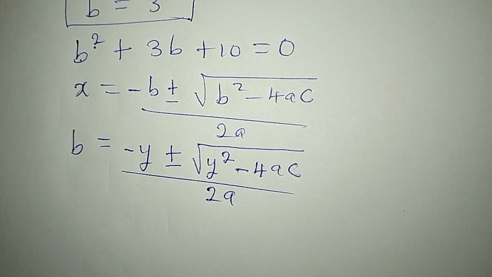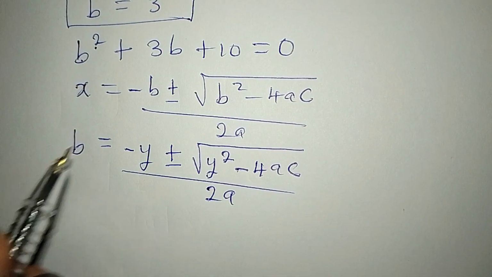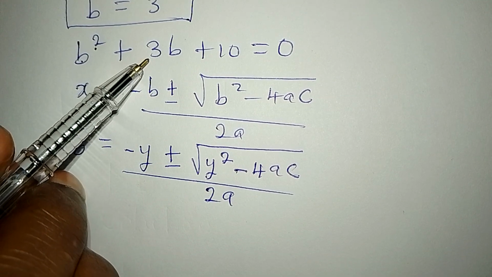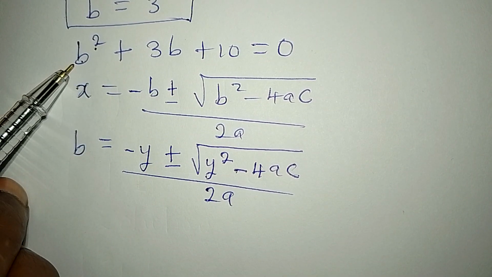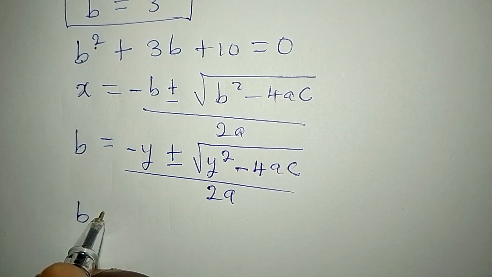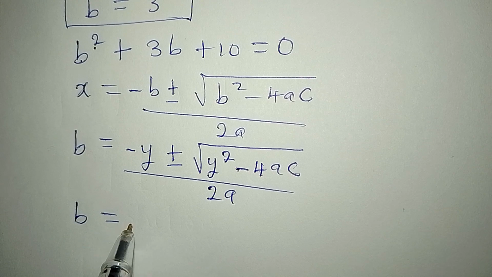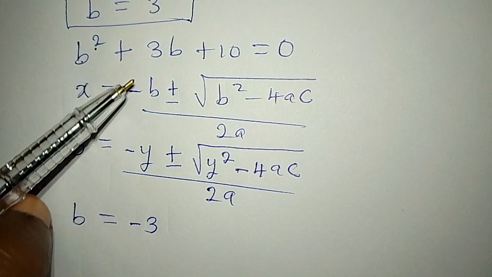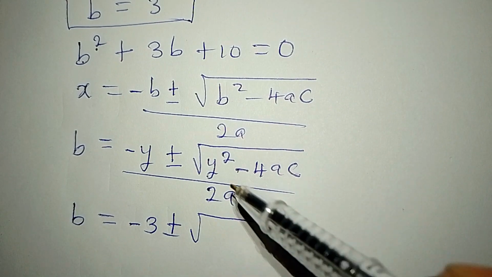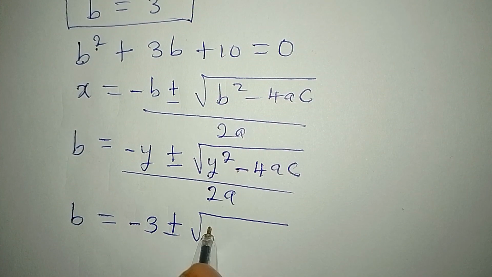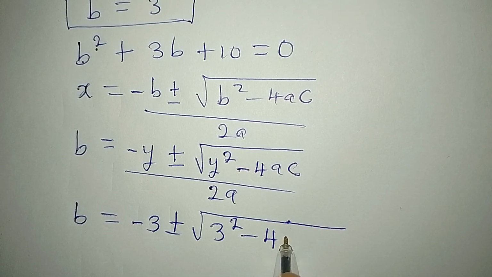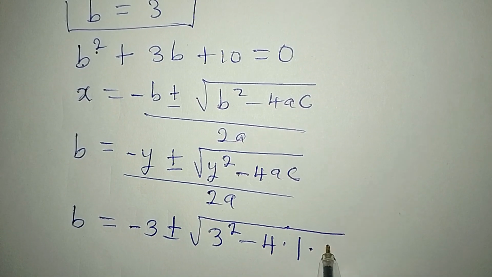Now the next thing is this: what is our b? Our b, which is now y, is 3. So our y is 3, our a is 1, and our c is 10. Now let's put this in. B will be equal to, in place of minus y, we'll be having minus 3, then plus or minus square root of, remember y is still 3, so I write 3, and we square it, minus 4 times a is 1 times c, which is 10.